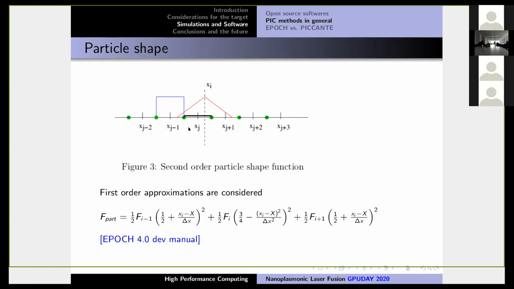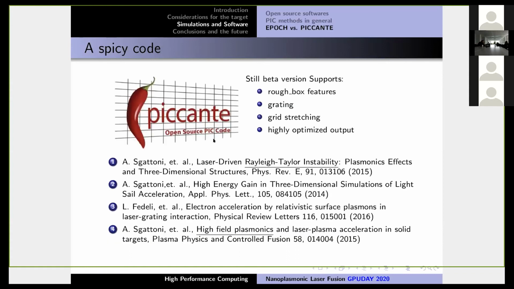But in the Epoch code, the quadratic spline is also implemented. However, of course, the Epoch code does have a few features that we might need. For example, the rough box or grating or grid stretching feature.